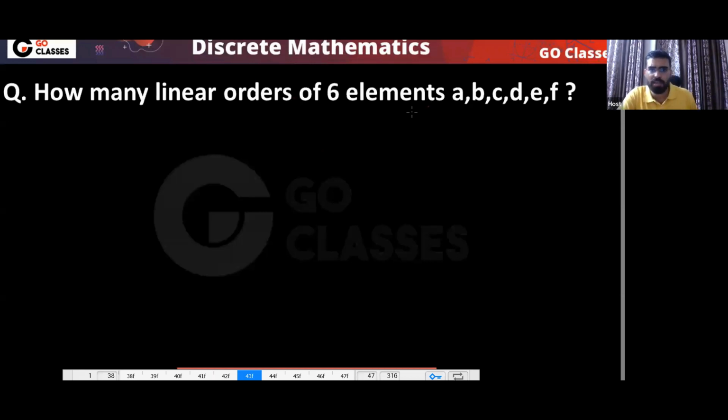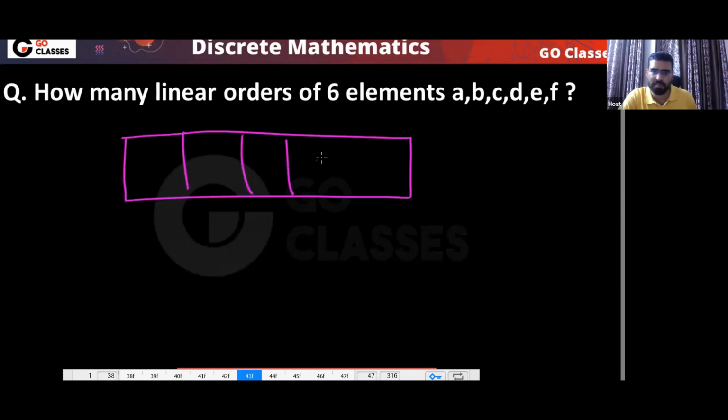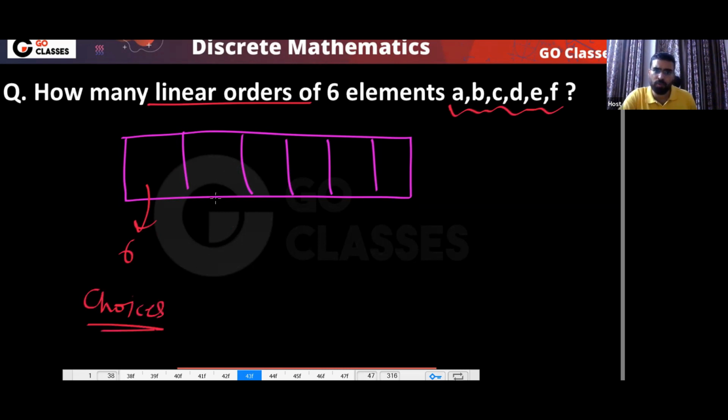So how many linear orders of 6 elements are there? Basically, you want to put 6 elements in a linear order. For the first element, how many choices do we have? 6 choices, you can put any of them. Now, once you put one of them, for example D, then only 5 choices.